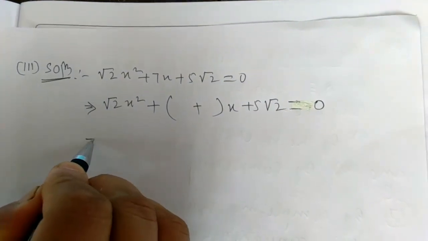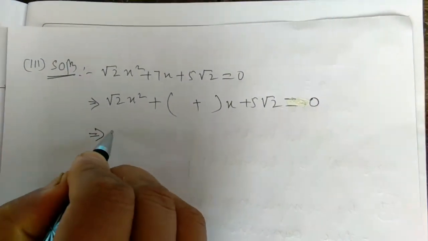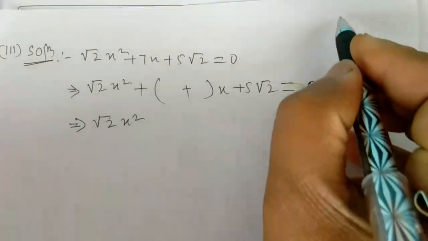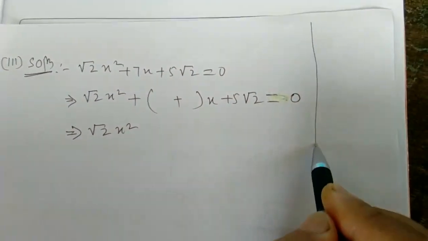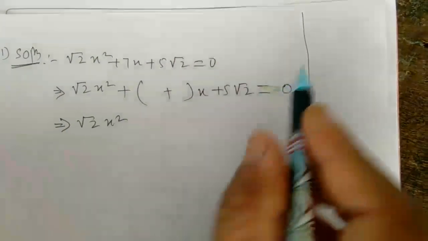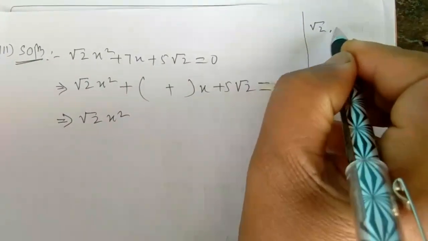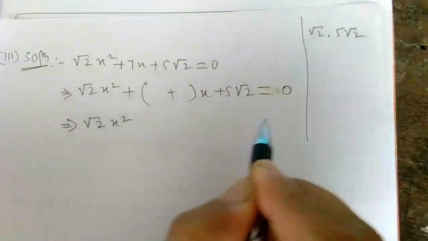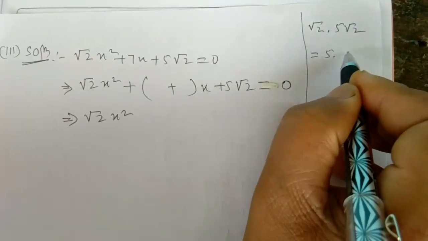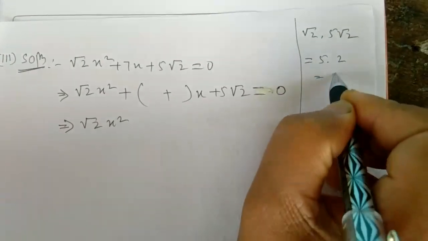After that, same as before, we have to multiply the coefficient of x square and the constant term. So root 2 into 5 root 2. If you multiply this, you get 5 root 2 into root 2 only 2, 5 twos are 10.